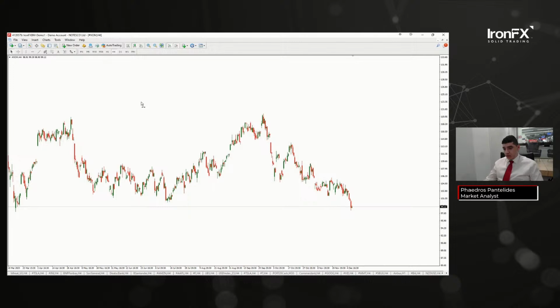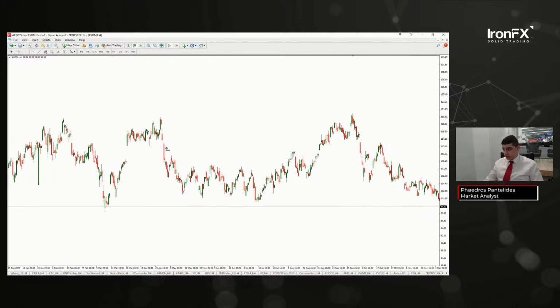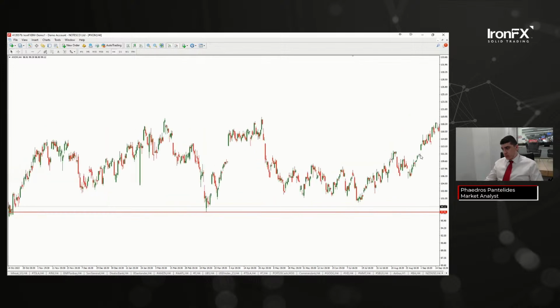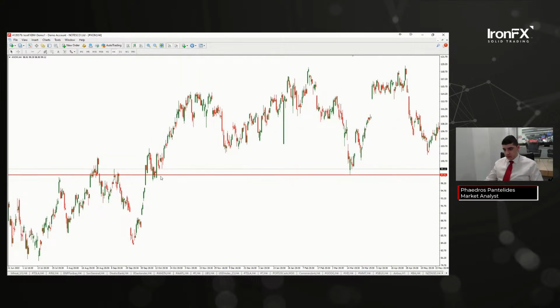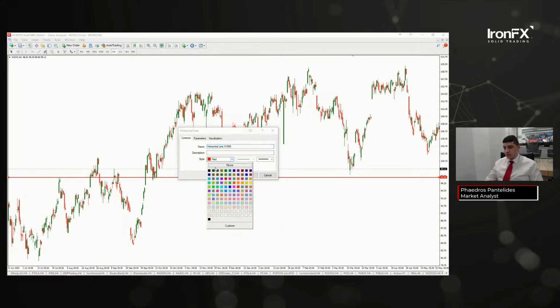Let's find our support and resistance levels. This could be S1. Actually, I'd rather take this point in time, 79.40.